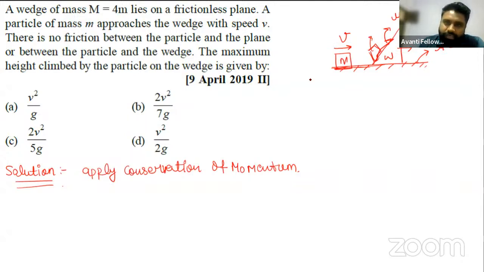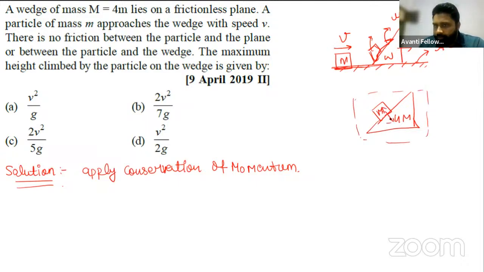If you consider this wedge and this block to be a system, the only force acting is the normal force, because there is no friction. So this normal force will become an internal force. In conservation of momentum, we are only interested in the external forces. So there must be no external force, and if there is no external force, you can conserve the momentum.